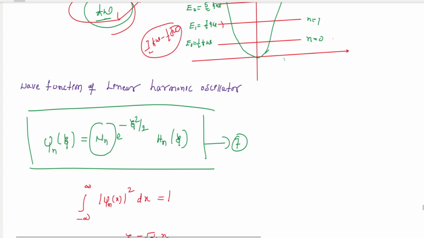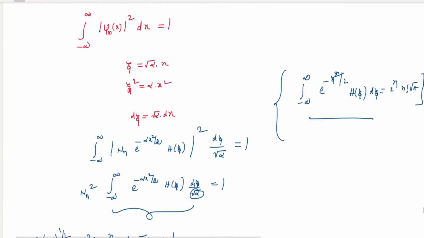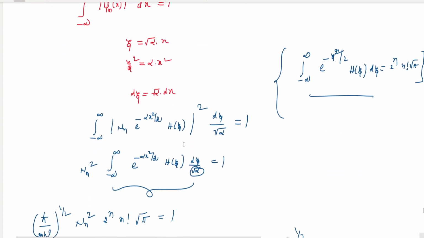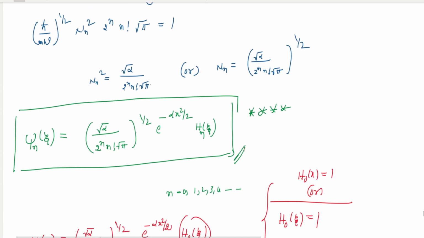If you want to solve for this normalization constant, you can use the normalization condition psi star psi, and then you can get the normalization constant value. This is the procedure to calculate the normalization value. This is the nth state wave function of a harmonic oscillator.